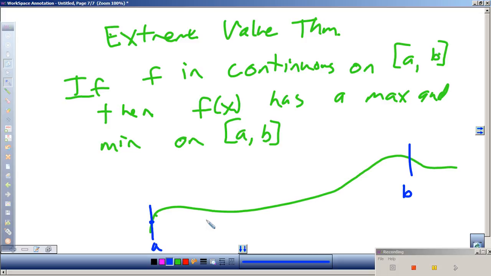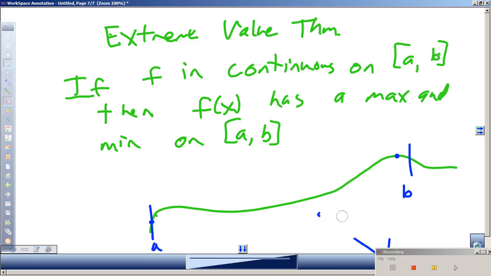So the endpoint could be a maximum or minimum. Highest point or maximum there. Now, this does not tell us anything about what's happening in the middle. It just says if we've got a continuous curve, there is a maximum and a minimum between these two points, including the endpoints, as it says.